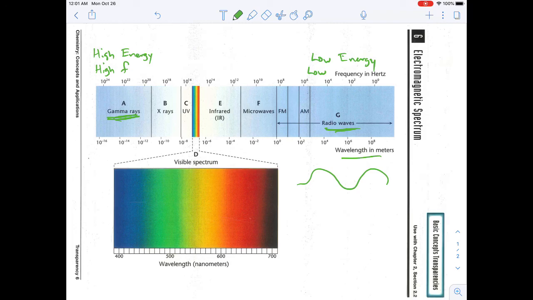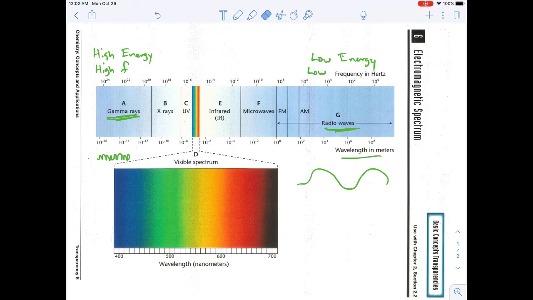So these are very energetic and cause lots of damage. But their wavelengths are really, really small. Those waves are really squished together, despite the fact that they're high energy.